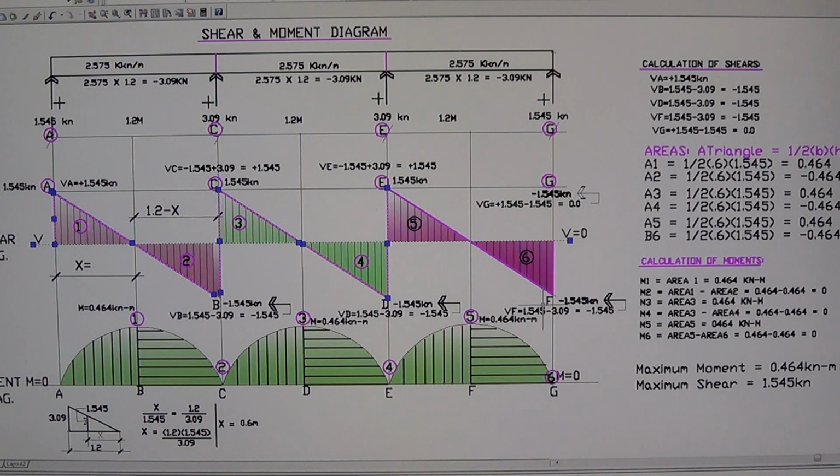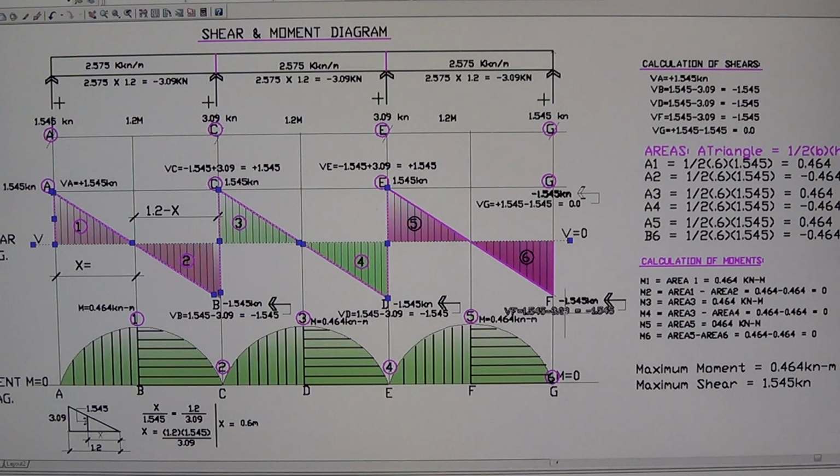Alright, so shear at F is positive 1.545, which is the E, and that is positive, plus the negative 3.09. The uniformly distributed load is going down and crush this 1.545. The result is you have to carry the negative sign, which has the greater value. So shear at F right here is minus 1.545.